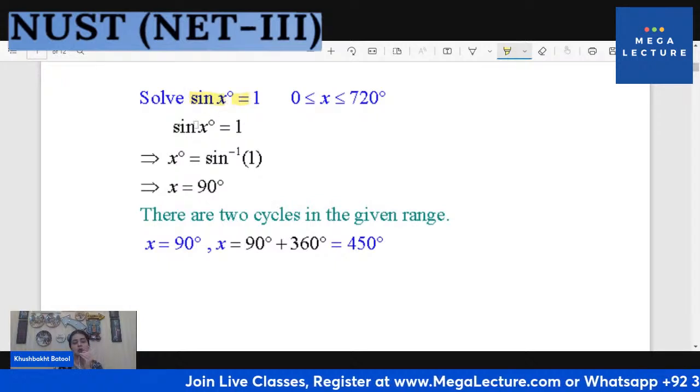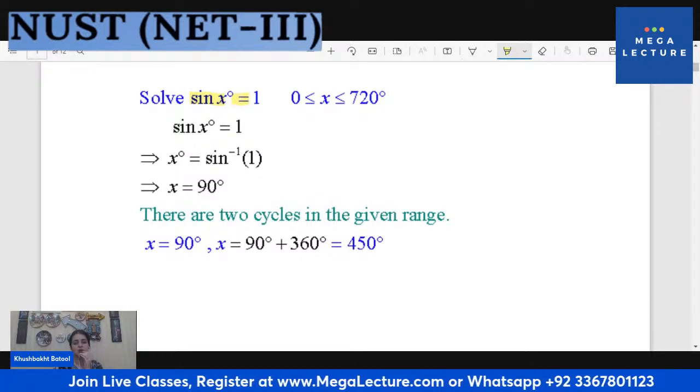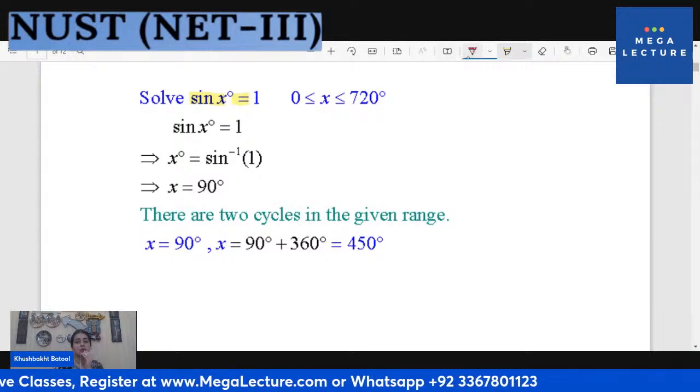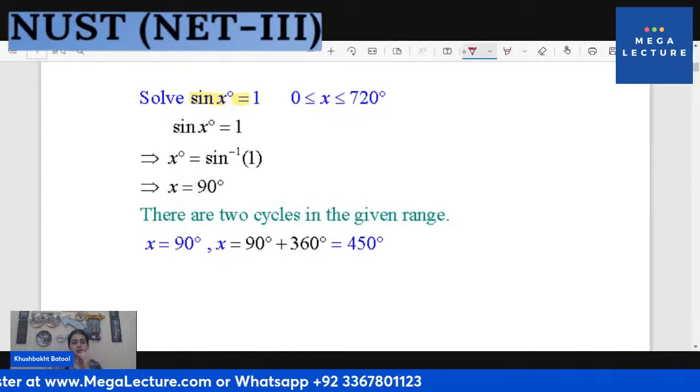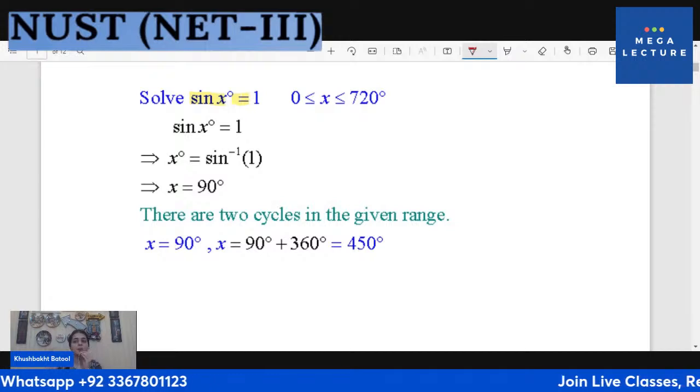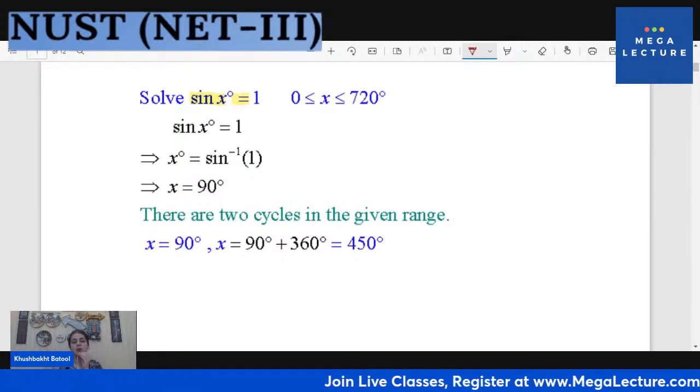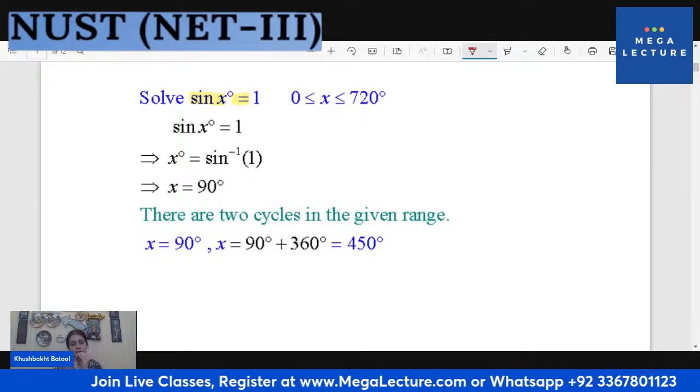It could be sine, cos, tan, cosecant, cot, secant. You need to play with these trigonometric functions such that you are able to convert all of them into one trigonometric function using different identities. And once you have the basic equation, this question itself is very basic.